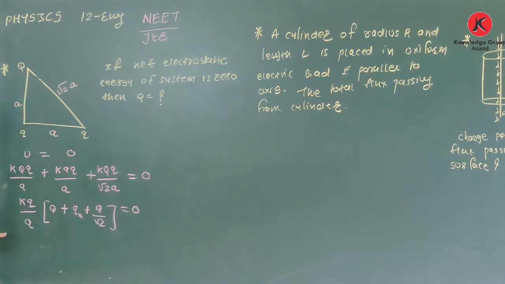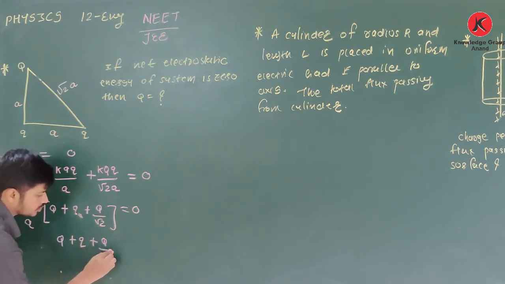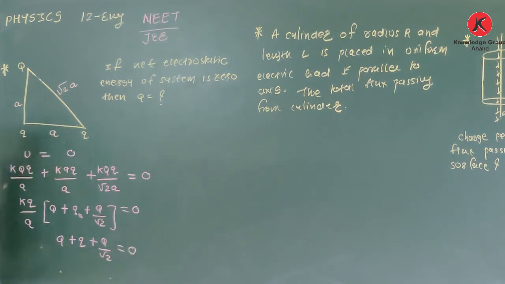Since K Q upon A is not equal to 0, this means Q plus Q plus q upon root 2 is equal to 0.